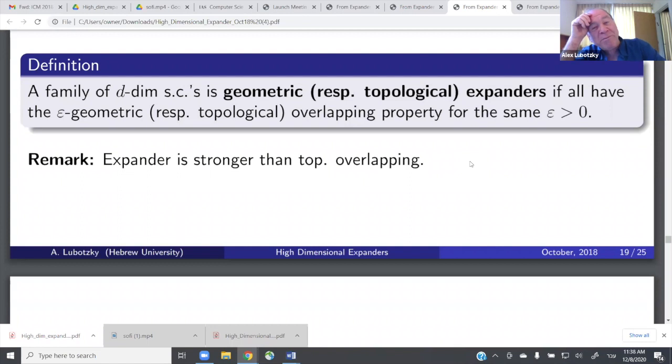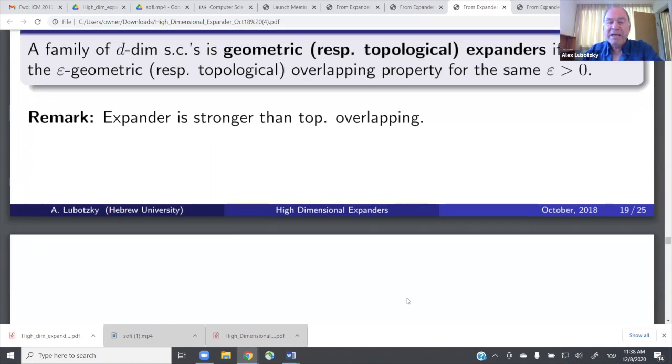But if we go back to dimension 1, proving that the complete graph is an expander is a triviality, right? It's not even high school, it's an elementary school exercise, right?